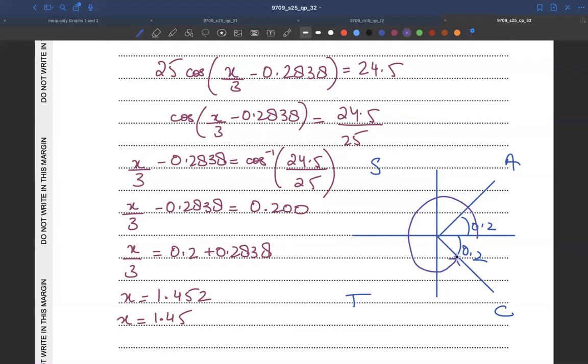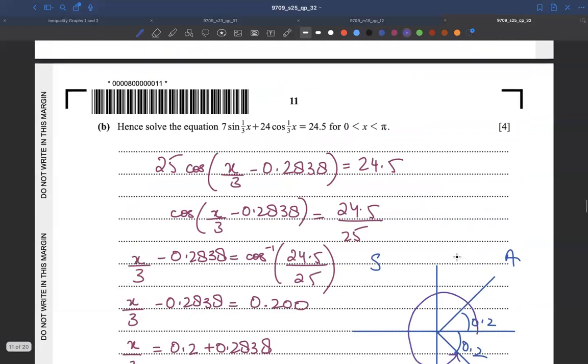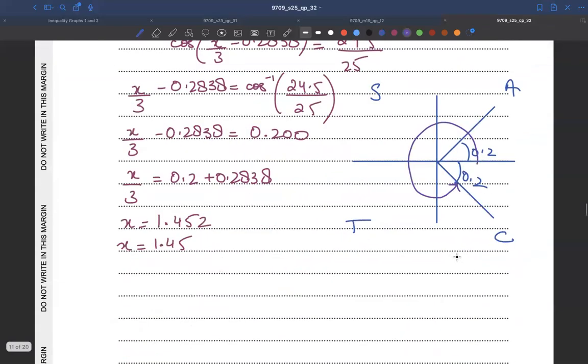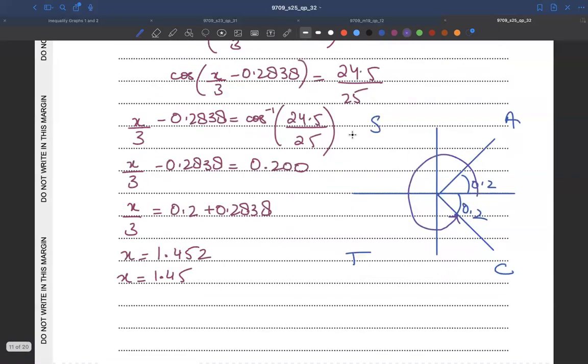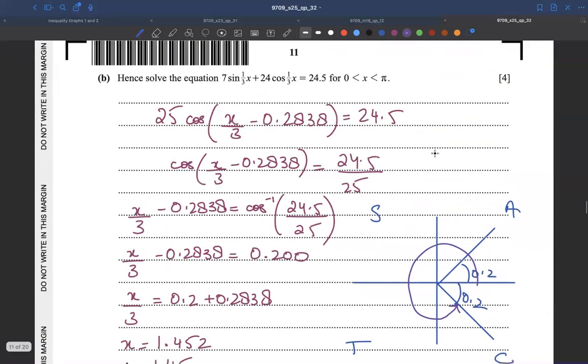So that would be written as 2 into pi minus 0.2 plus 0.2838 multiplying by 3, but that is coming as a very large answer, so this answer will not be possible. So we'll have to check if there is any other solution in this range. One of the answers is x equals 1.45. And can we take any other value? Let's check.